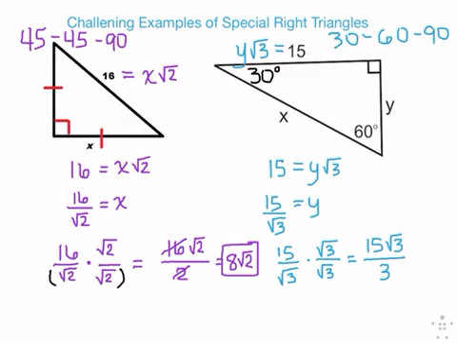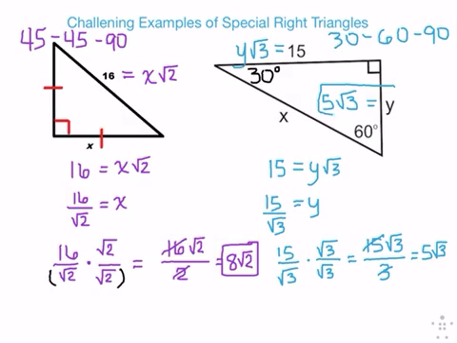And now we can easily simplify by 3 to get 5 square root 3. So y is equal to 5 times the square root of 3. Let me write that a little bit nicer. So y equals 5 times the square root of 3.